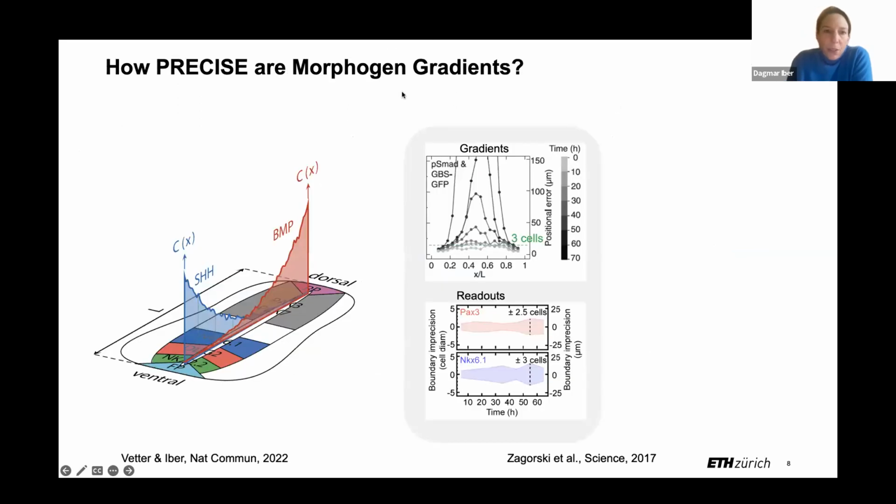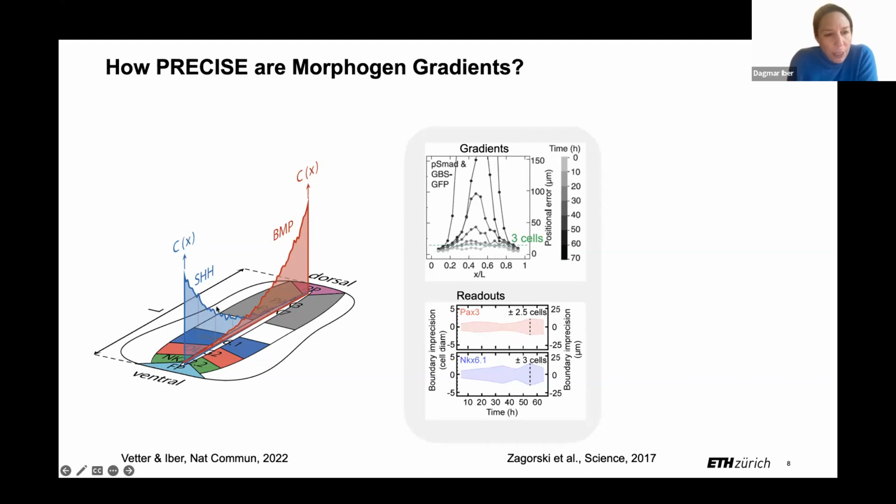And we have looked at that, motivated by work that has previously been done by the Briscoe group in the neural tube. What the Briscoe group had published in 2017 in this paper by Zagorski et al. is that they looked at the neural tube and they looked at the position of two boundaries here in the center of the neural tube. And when they looked at the precision of that readout, they found that the standard deviation of that position is only up to 2.5, 3 cells, so quite precise.